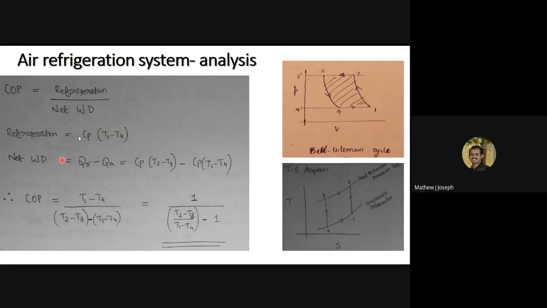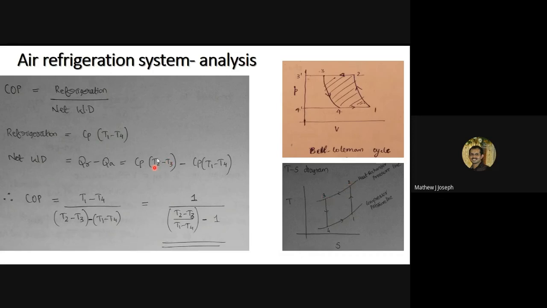Then the denominator is the net work done. Net work done will be nothing but the heat rejected minus heat absorbed. The heat is getting absorbed by the working fluid during 4 to 1. The heat is rejected by the working fluid, that is air, during 2 to 3. Again, 2 to 3 is a constant pressure process. The temperature of the working fluid is decreasing from T2 to T3.